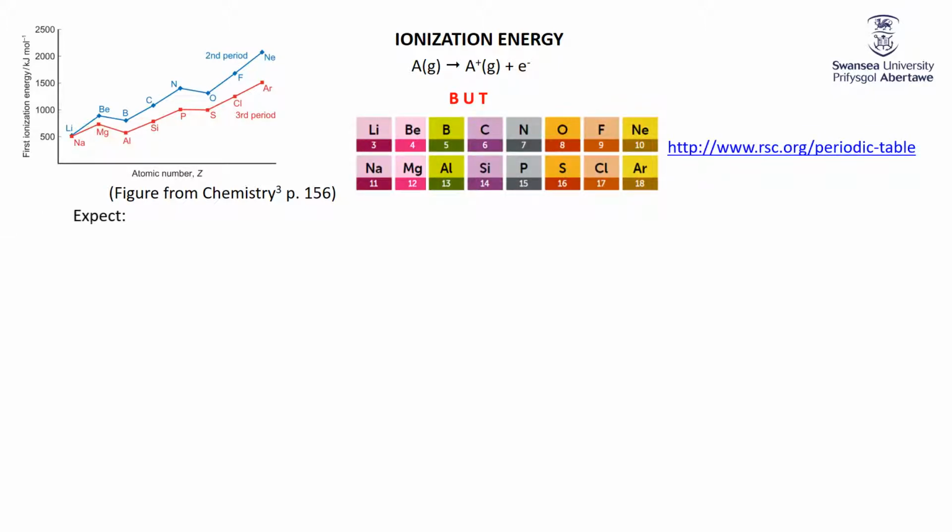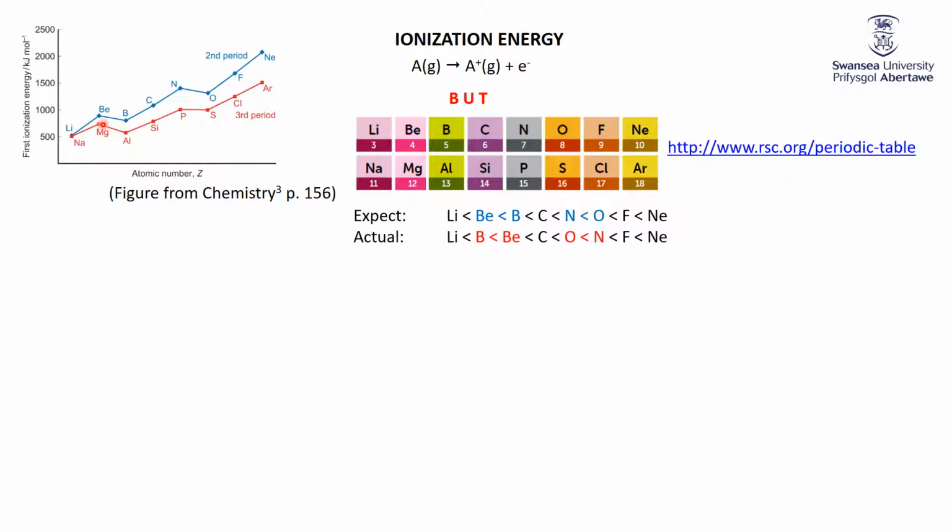Emphasizing it, what we expect, for example, in the second period, starting at lithium, going all the way along to neon, is that they increase as we go from left to right. So lithium is less than beryllium, beryllium is less than boron, boron less than carbon, etc., all the way up to neon. What we actually see is this zigzag. So lithium indeed is the lowest, but then the next one up is actually boron.